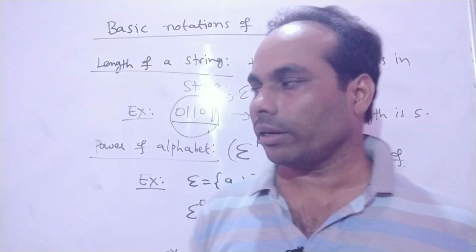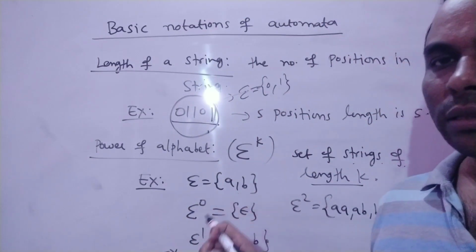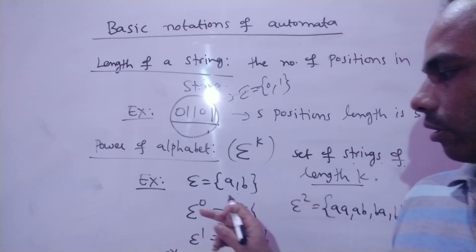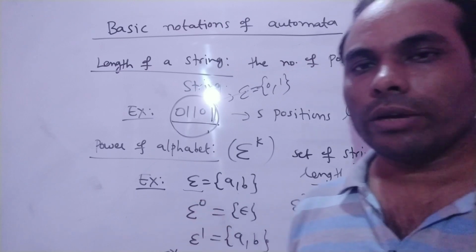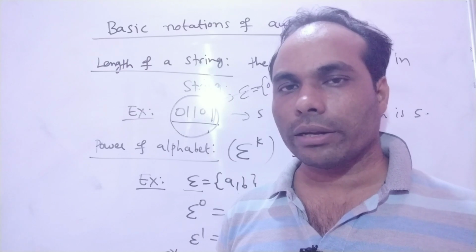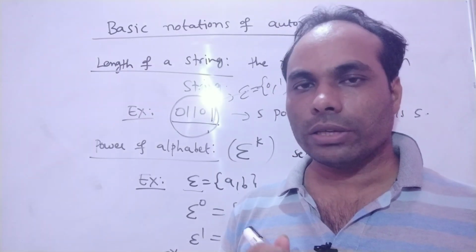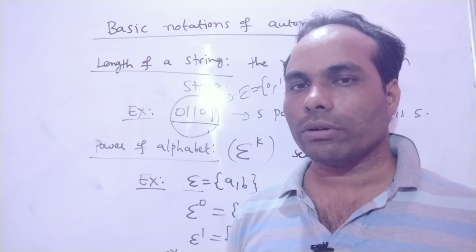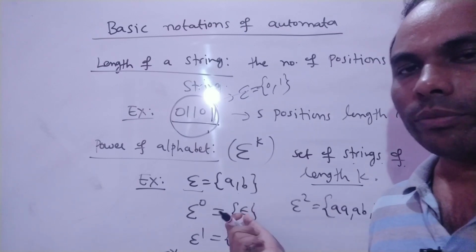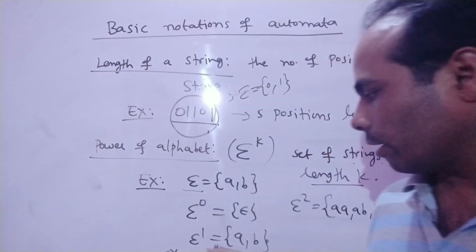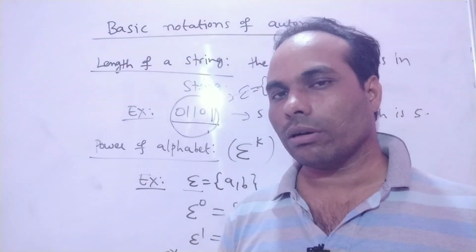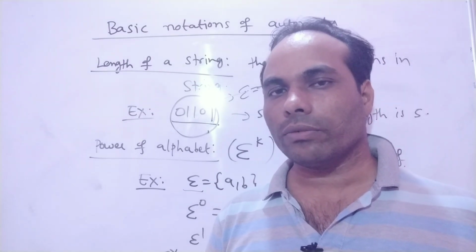K is any value, right? I am taking here an example: sigma is a comma b, and from a comma b you are going to define, for example, sigma power 0. It means the power of this alphabet is 0, meaning 0 length. I am going to generate 0-length strings from the alphabet a comma b. That should be the empty string, which you already know, and you represent it with epsilon. Sigma power 1 means all possible strings of length 1 from the input alphabet a comma b, so only a or b.